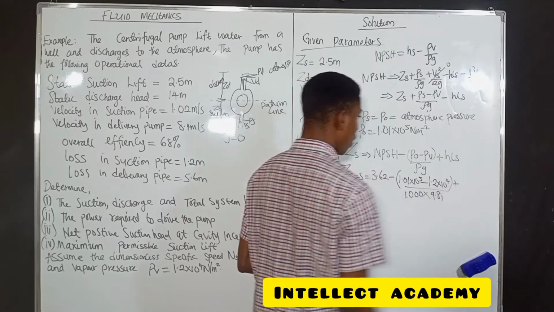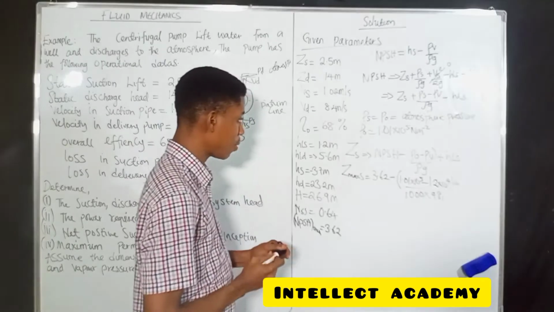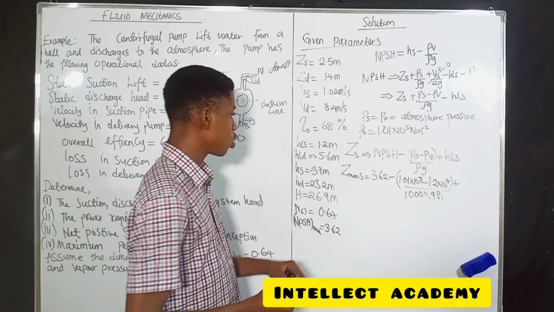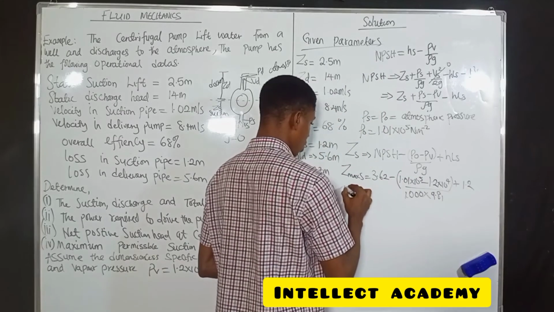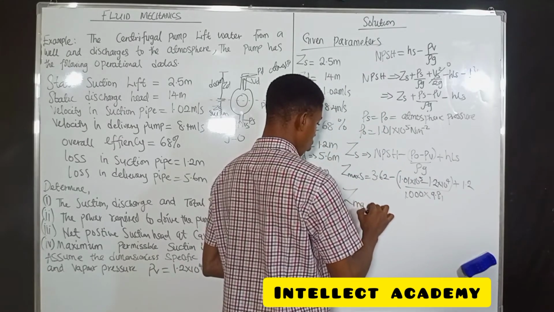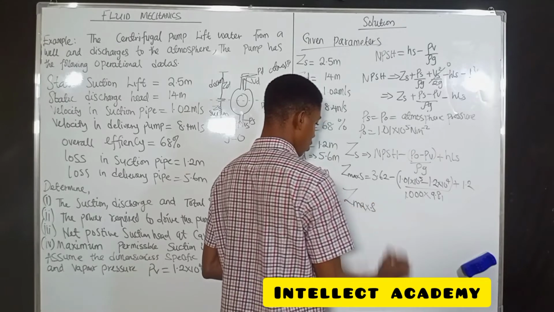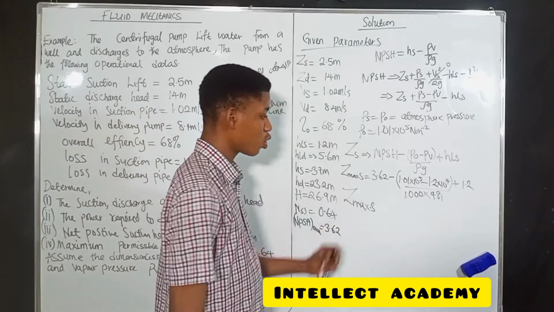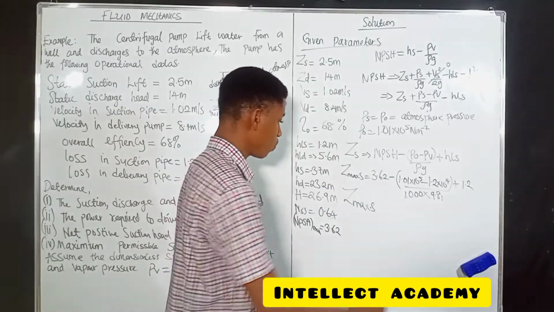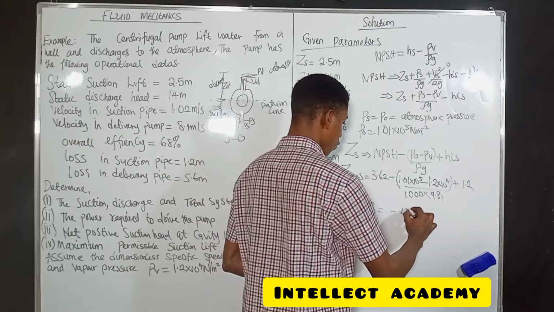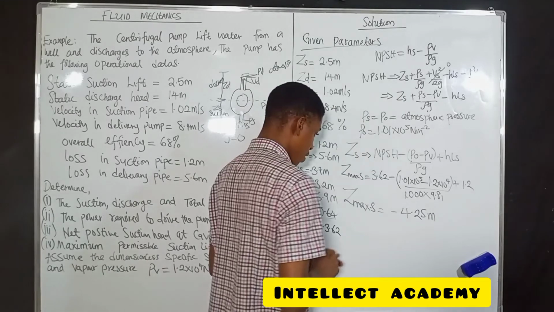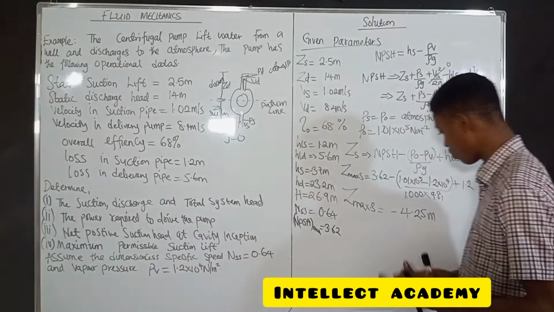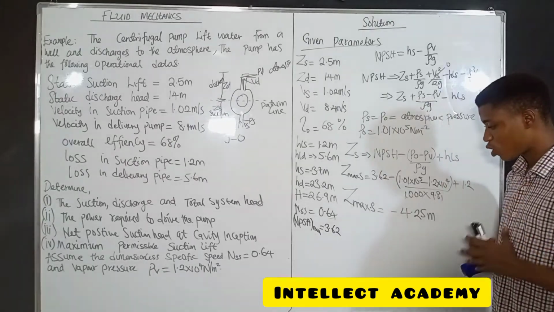Now plus our dynamic head loss, which we got this to be 1.2. Now when you do an arithmetic operation here, you're going to see that our Z maximum permissible suction head lift is equals to negative 4.25 meters. So it is very important you take note of all these examples, because it's very important you understand points like this.